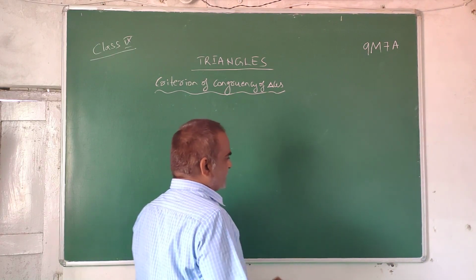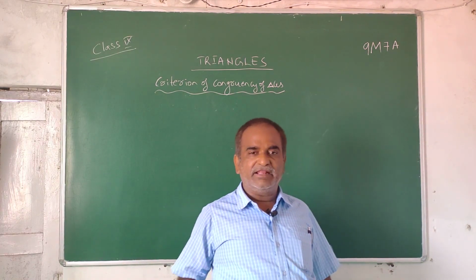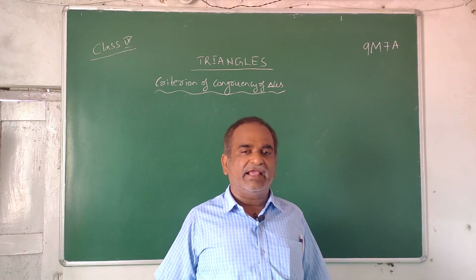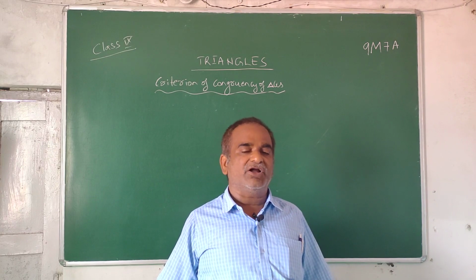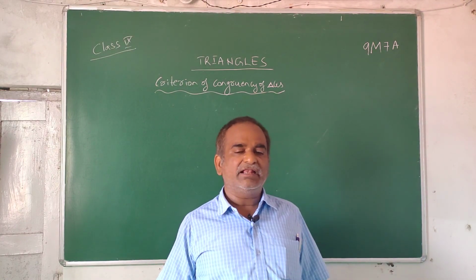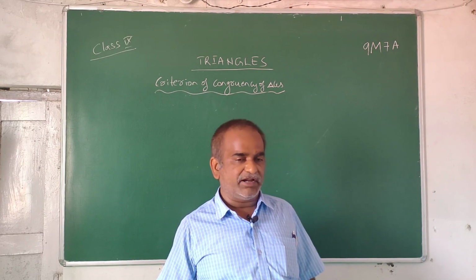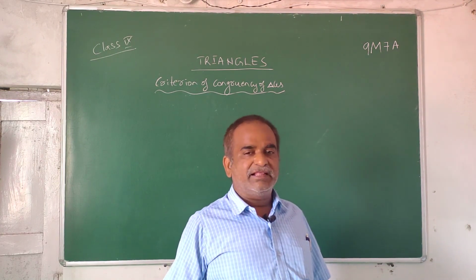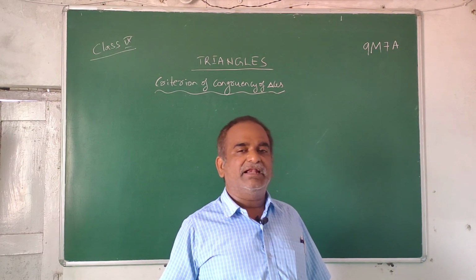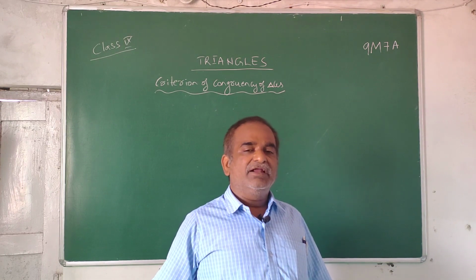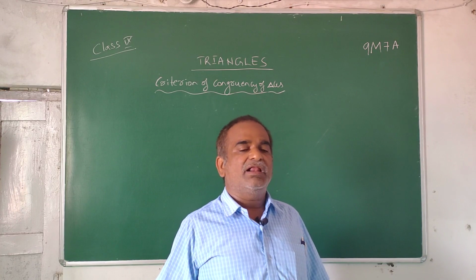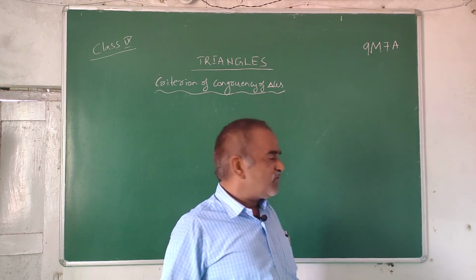It is most important. You can easily say that if one triangle completely covers the other triangle, then the two triangles are said to be congruent. That is in general language. If you want a mathematical definition of congruency, you can say two triangles are congruent if the corresponding angles are equal and the corresponding sides are also equal.